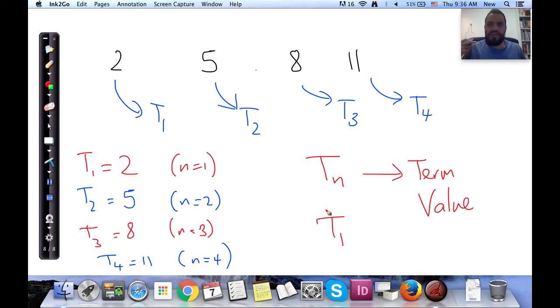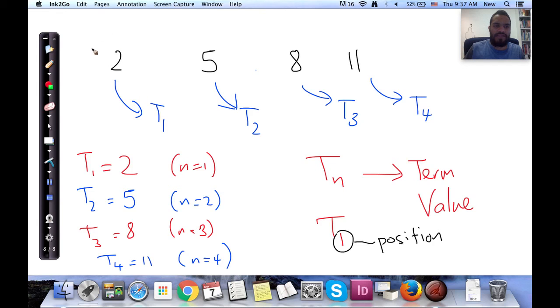I'm asking the question, what is the term value, in other words the actual term itself that is in position number 1. The little subscript refers to the n, which is the position of the term. So the term value in position 1 is 2, and the value of the term in position 2 is 5.